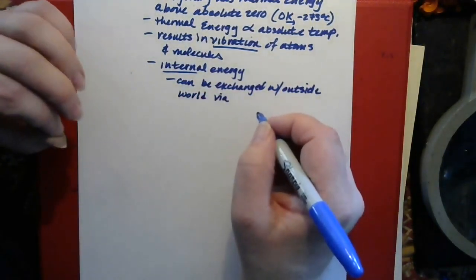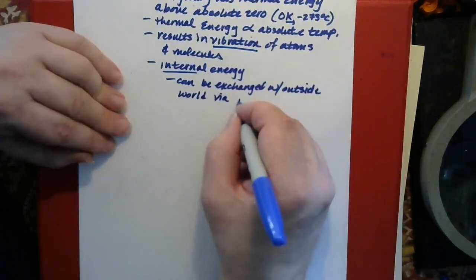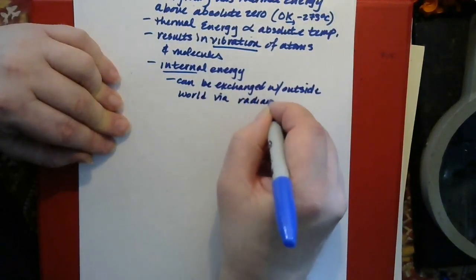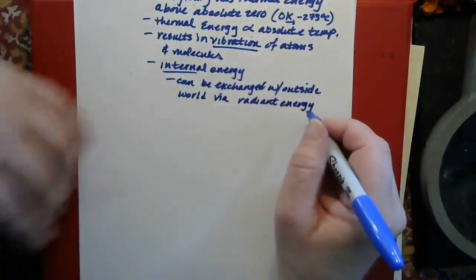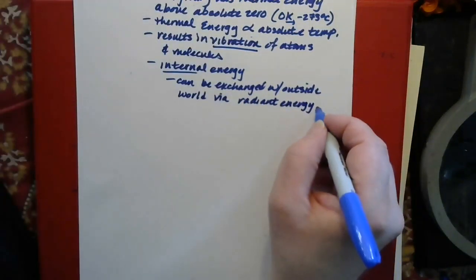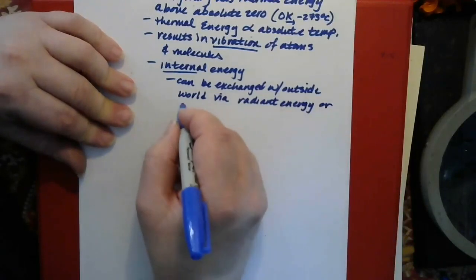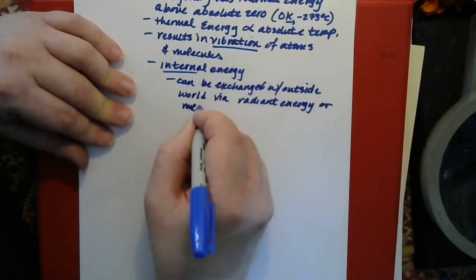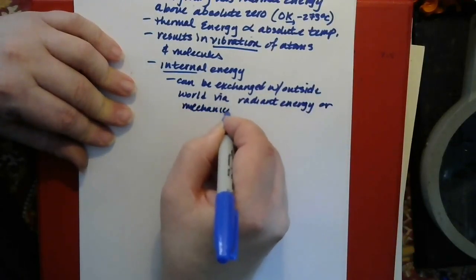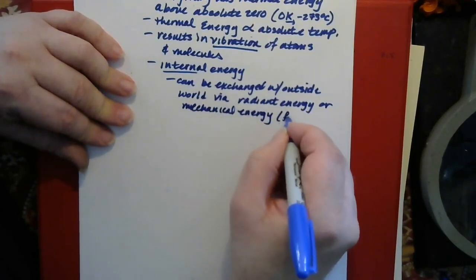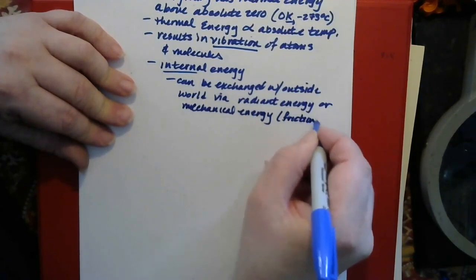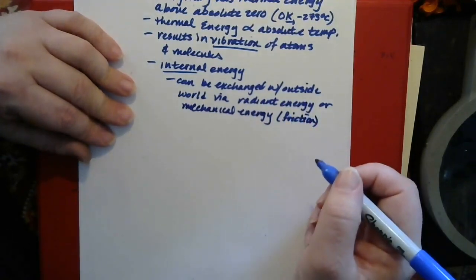And those means could include things like radiant energy, that is giving off infrared radiation, or mechanical energy, for example, friction.